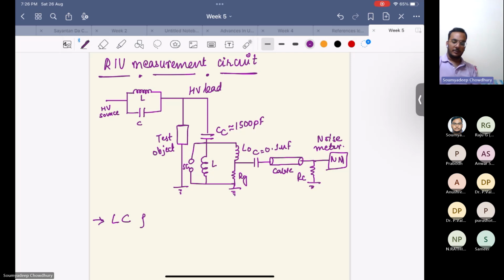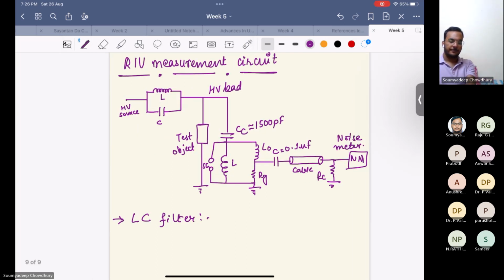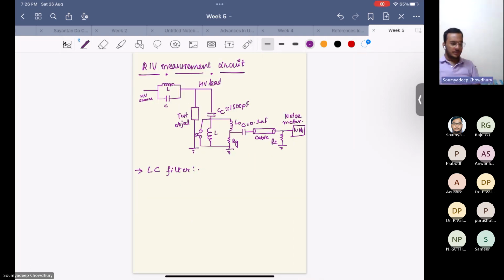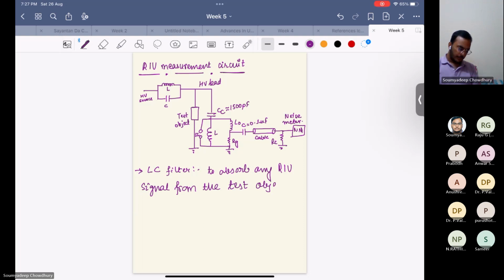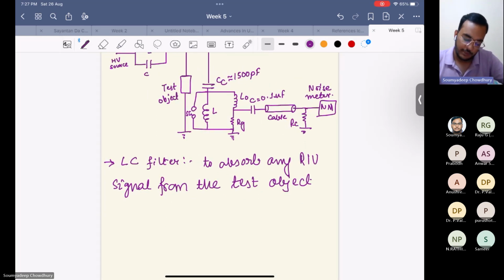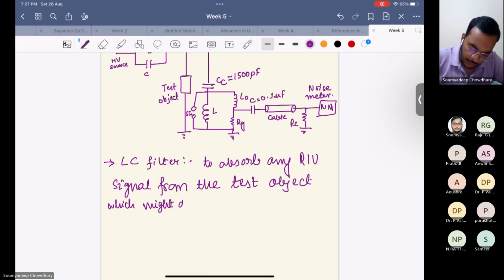So the first is the LC filter. This LC filter is present to absorb any RIV spurious signal from the test object, which might destroy the high voltage source.